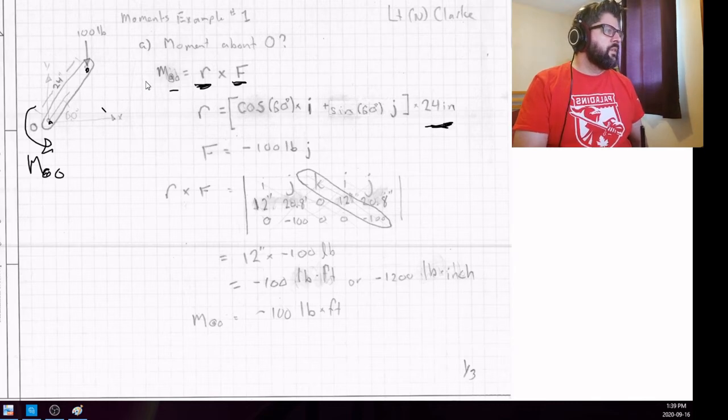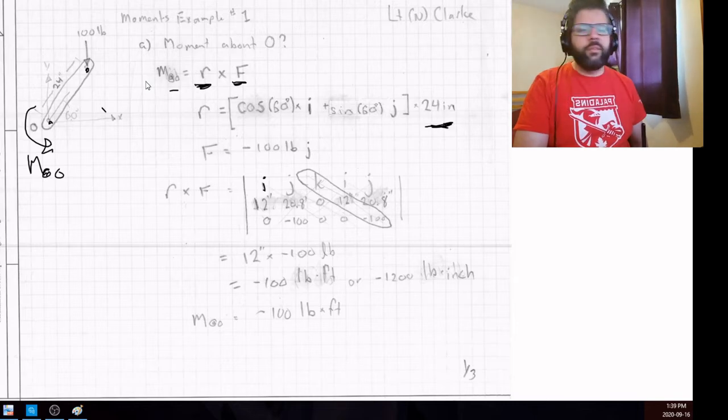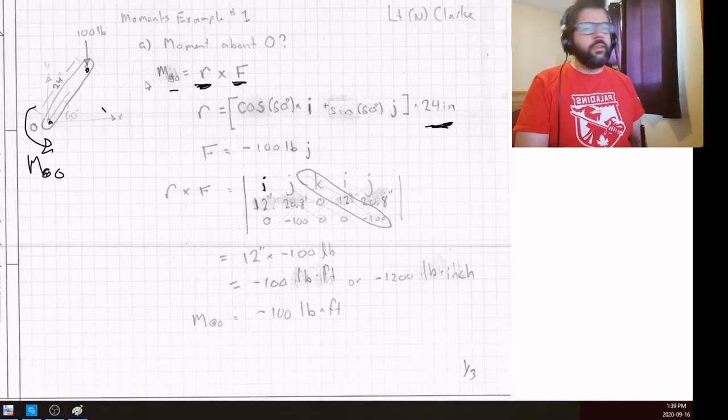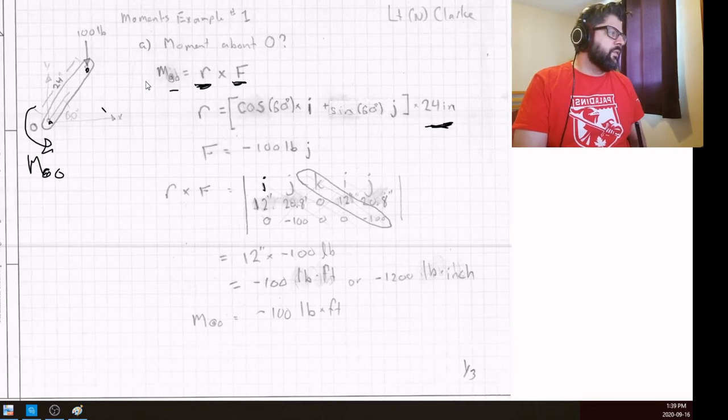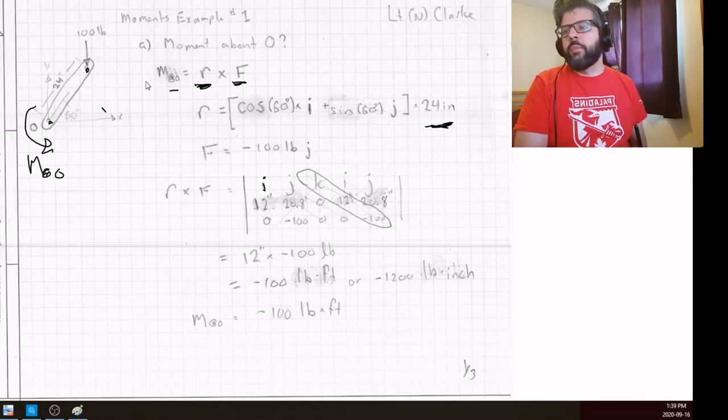You multiply out your I vector times the J component of the displacement vector times the K component of the force vector, and that ends up being 0 because there's no K component. Repeat that. It turns out that for this instance, there's only one thing that ends up being a non-zero number.